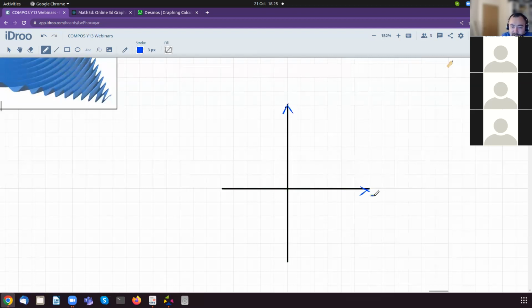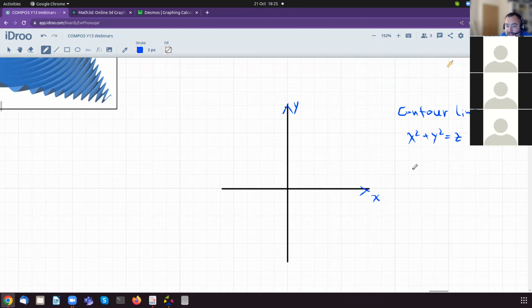So do look in the assignment. So this is X and this is Y. Contour lines for X squared plus Y squared equals Z in this particular case.